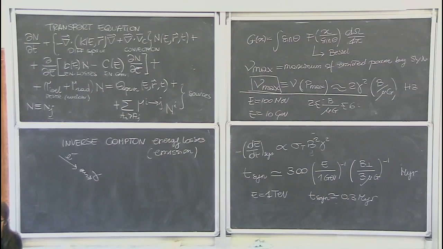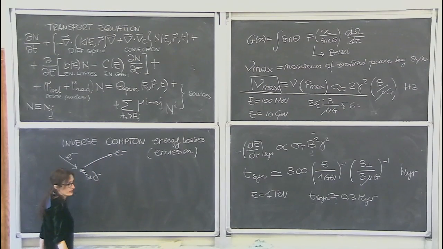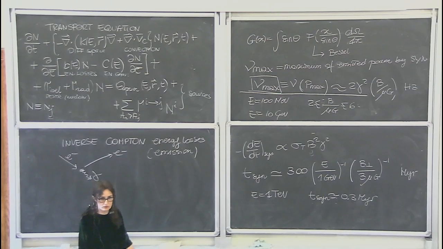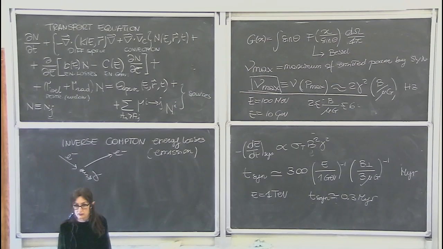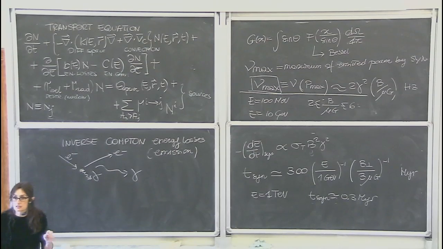The inverse Compton scattering implies that after the interaction, you have the electron, which has lost part of its energy, and the photon is up-scattered in energy.